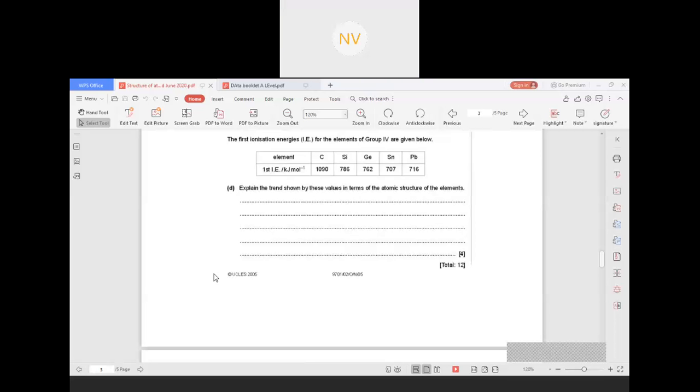So next we can see there's an anomaly at Sn and Pb, tin and lead.